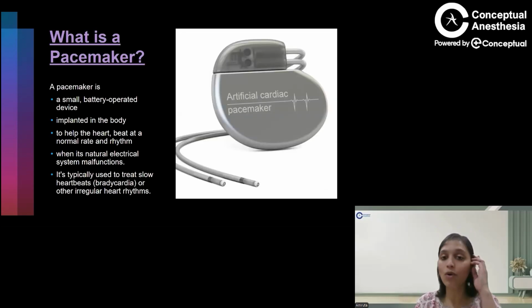So now what is the role of a pacemaker? A pacemaker is mainly a small battery operated device, which is usually implanted in the body. It helps the heart beat at a set rate and rhythm, and this is specifically used when the natural electrical system of the heart malfunctions. It can mainly be used for two functions.